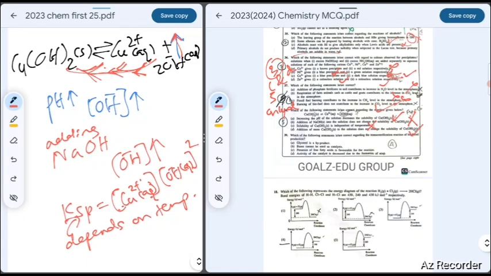Then this equilibrium will break down, because for the equilibrium, Cu(OH)2 solid is needed. Cu(OH)2 solid is needed to maintain this equilibrium, but a change in the amount of this Cu(OH)2 solid does not affect the solubility of Cu(OH)2.